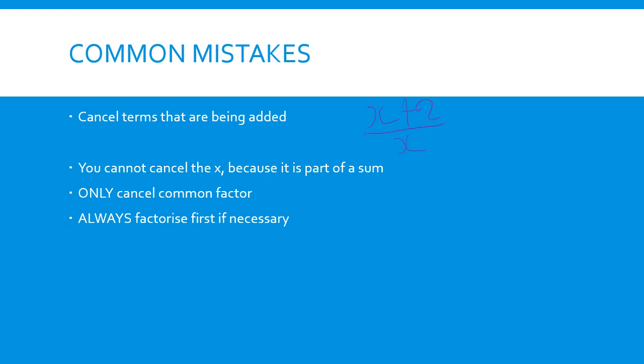You cannot cancel out these two because all of this is one term that is being added. So you cannot cancel out the x. Only cancel common factors. Also, remember to factorize first if it's necessary. So keep that in mind as well.